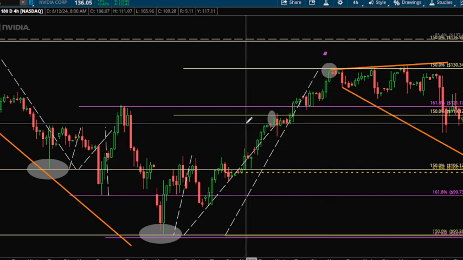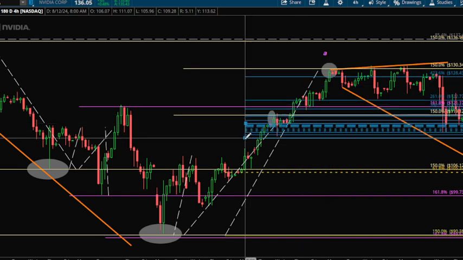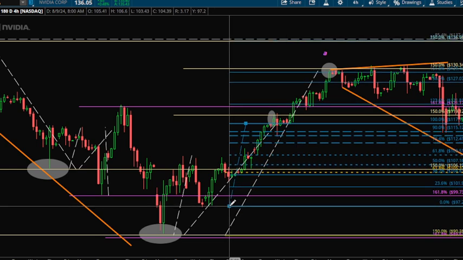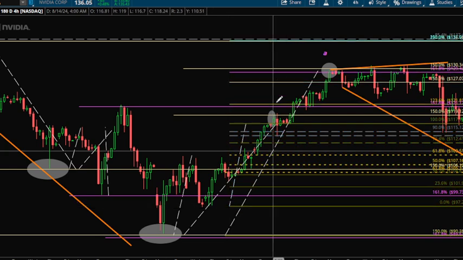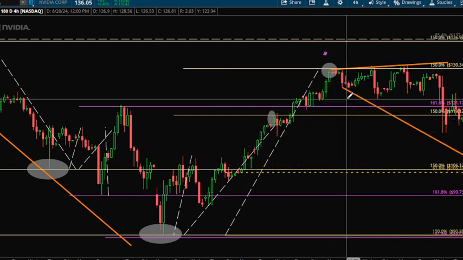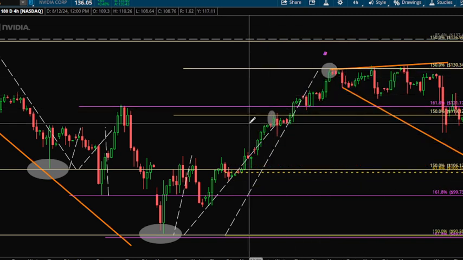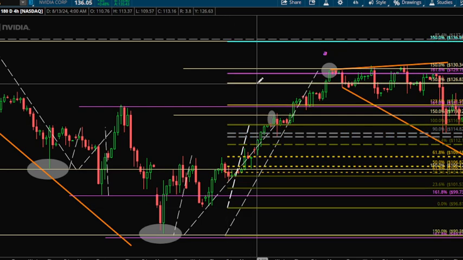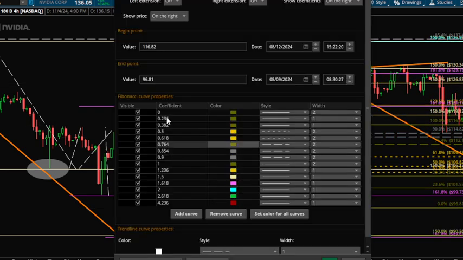So again, that was right there, which is a 161.8. Okay, I don't know why I didn't leave that one up there. Let's leave that one up there. So I get rid of all the fibs that I don't need.